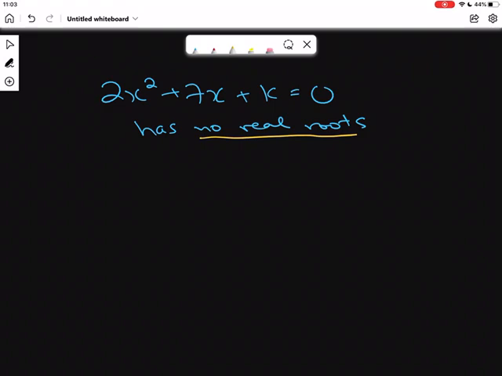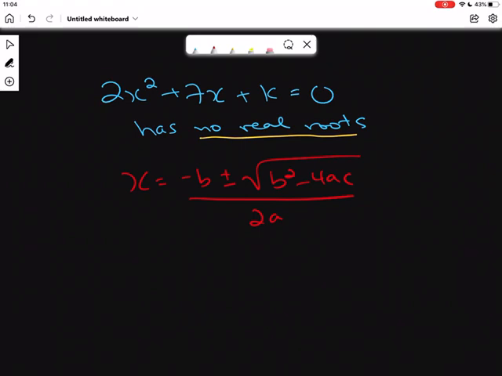So remember that when we're talking about real roots or being able to decide how many solutions we can have, we can go back to the quadratic formula: negative b plus or minus the square root of b squared minus 4ac over 2a.